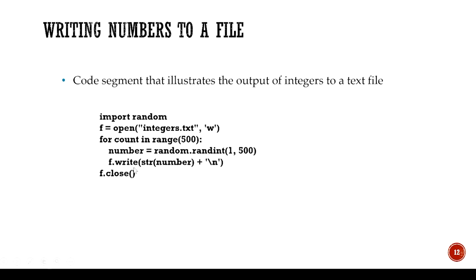And here, when I'm using the write function, I'm changing the data structure. I'm making them a string. So they look like a number, but their data structure is a string. Plus backslash n. It means that I want to see 1 number in each line.